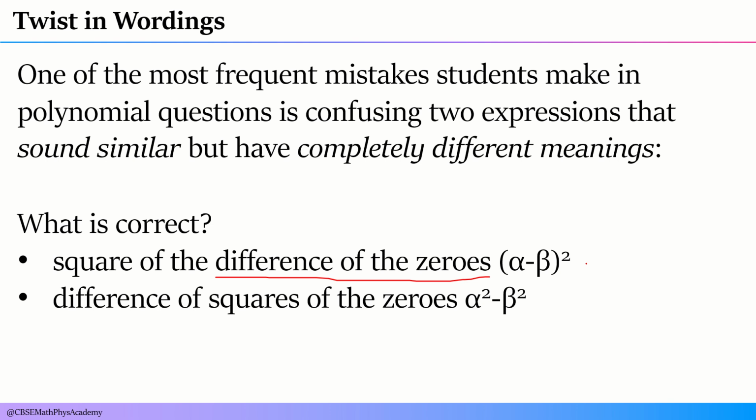When you expand, it becomes alpha square plus beta square minus 2 alpha beta. Then the problem goes in a different direction. Suppose it is mentioned as the difference of squares of the zeros, it means you square the zeros first, that is alpha square, beta square, and then take the difference, that is alpha square minus beta square, which gets converted to alpha minus beta into alpha plus beta.